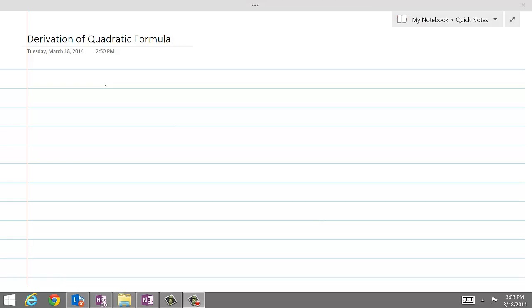In this lesson, we are going to derive the quadratic formula for the solution of quadratic equations by using the complete square method.